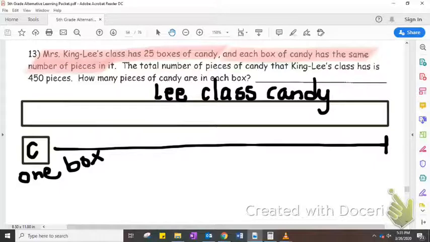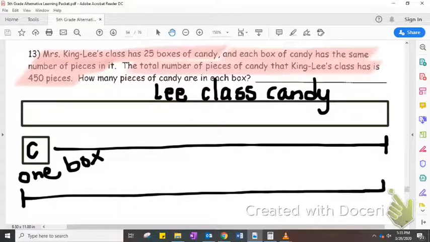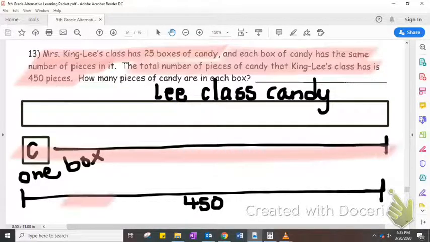Then it says that the total number of pieces that she has is 450. So in looking at this image here, I see that there's 25 boxes, and that each box has C amount of candy.